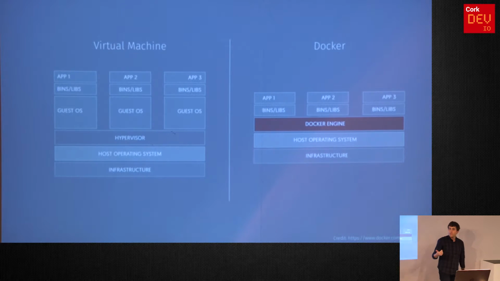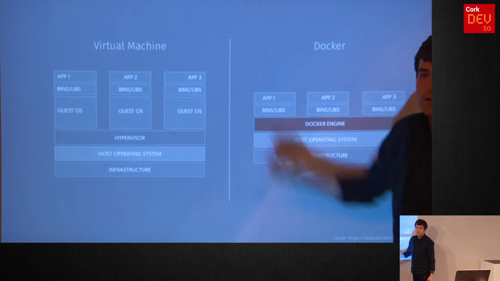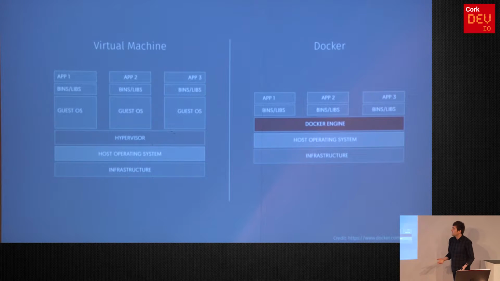This could be something like Windows or Linux, and on top of that you install your binaries and libraries, and then finally on the very tip-top layer you have your application, whatever that might be. And that sucks for a whole load of reasons. What Docker aims to do, in some senses, is fix that.